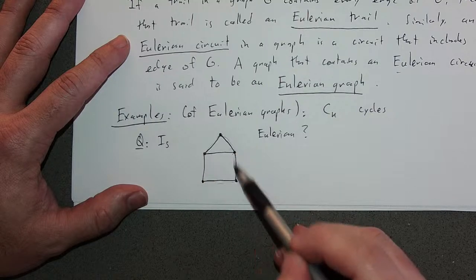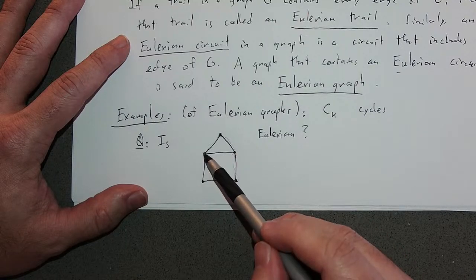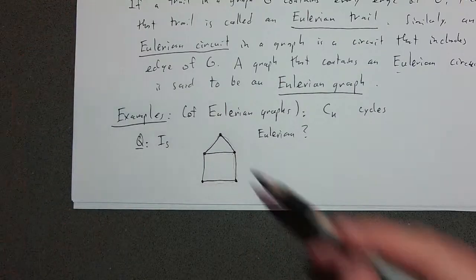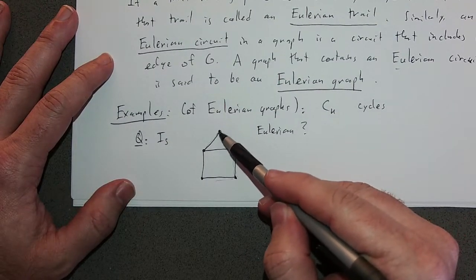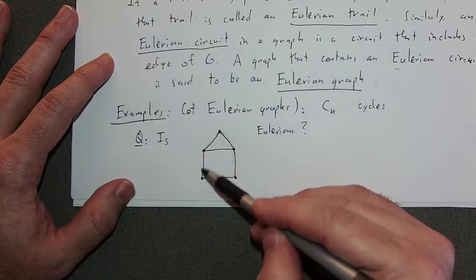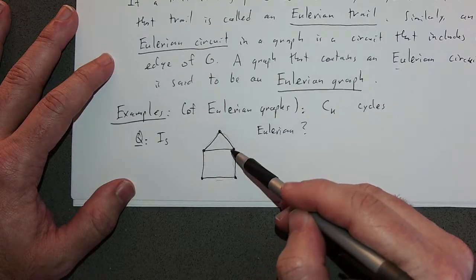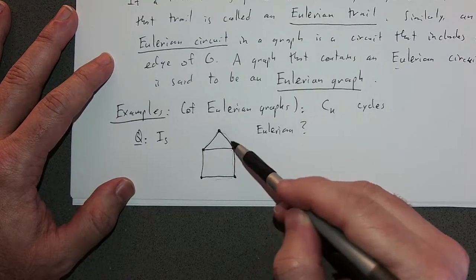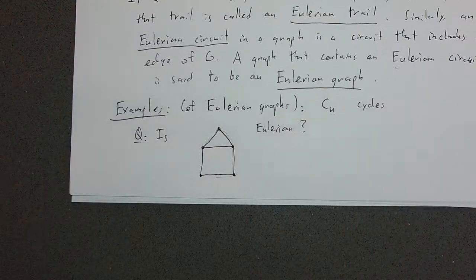What did I do? I've missed. Oh, well. What about this vertex? I'd have to repeat an edge. This isn't looking hopeful, right?